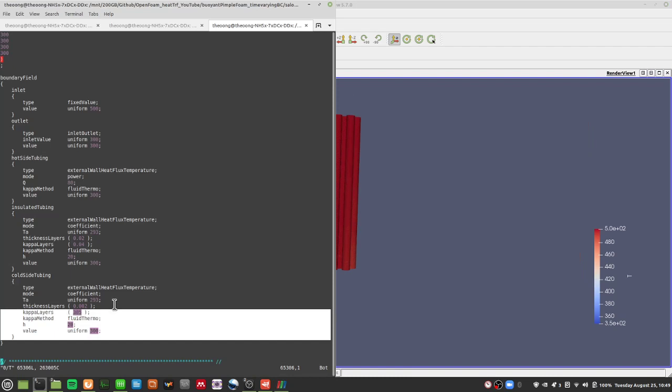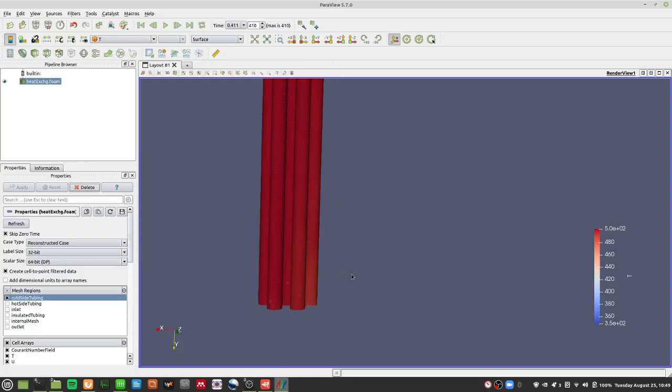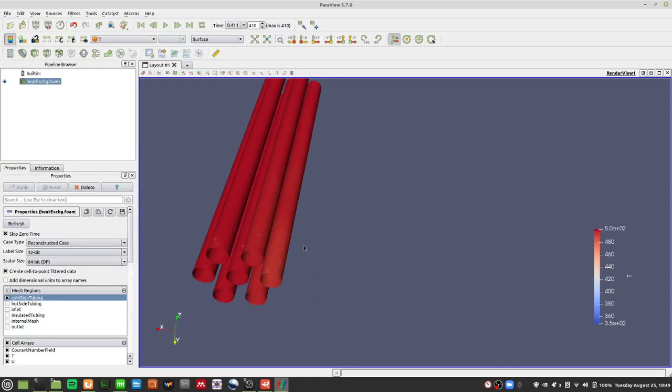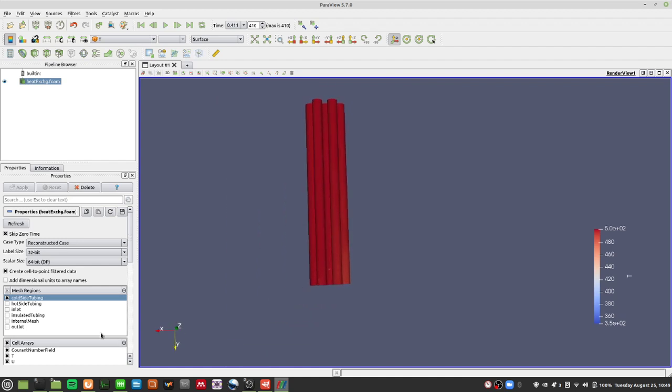I gave it an H value of 20. So that means it's supposed to be left in stagnant air to cool. The heat transfer coefficient is not very good, so therefore the cooling is not a lot. As you can see here, it's barely cooled 20 degrees. So there is insufficient cooling.